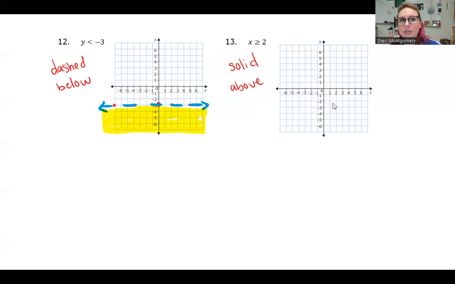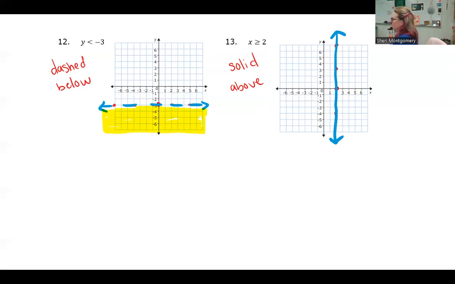For this question, it says 2. So along x, I'm going to go find 2 and put a point. Then I'm going to make a few more points because I'm going to chop through the x-axis. This one is a solid line, so I can make a solid line. Don't forget your arrows. This one says above, but you can't really shade above.